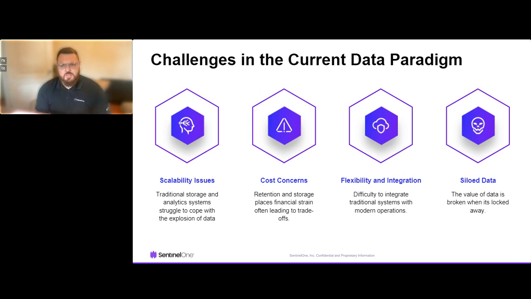And the last piece here is the siloed data. I was reading a report recently, a survey of about 250 organizations, where 69% of them don't capture up to 30 to 40% of their data because of complexity, cost and operations.